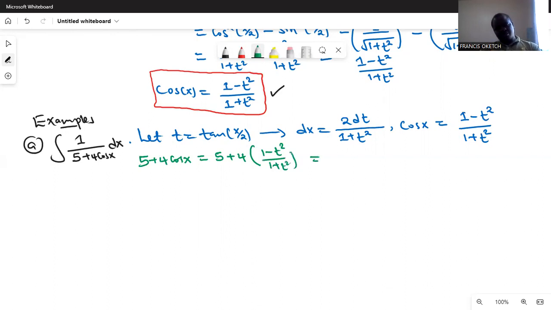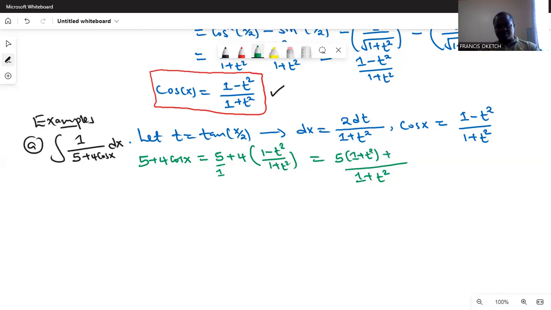So if I take the LCM, it will be 1 plus t squared. Remember 5 is the same as 5 over 1, so that the LCM is 1 plus t squared. So 1 will go into 1 plus t squared, that is 1 plus t squared, then you multiply by 5, we'll have 5 times 1 plus t squared.